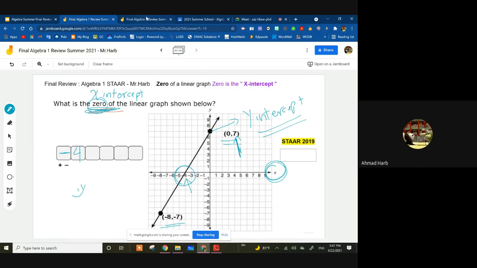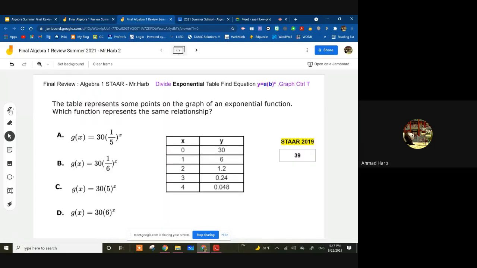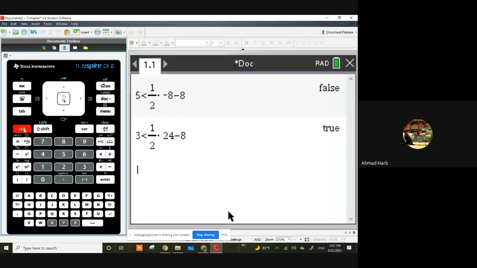The next question would be this one. The table represents some points of an exponential function. And remember, we discussed exponential functions, but they give you equations and they give you a table. So that automatically should mean graph. Okay, so you're going to graph, and you're going to press Ctrl T. That's the easiest possible way to do it. So let's graph the first one and see if it gives me the table.